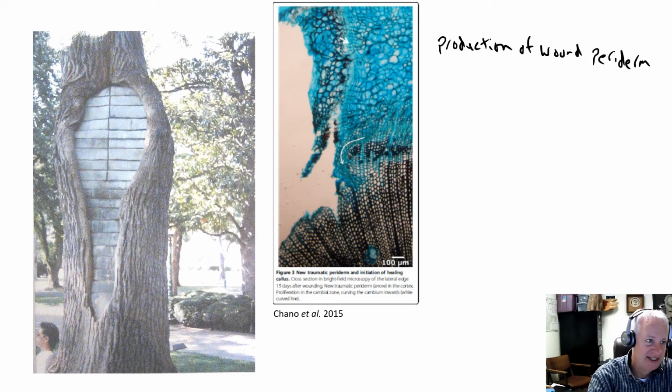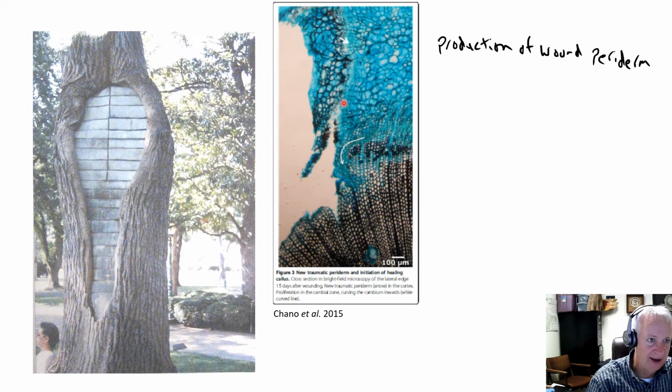So this is an example. This is one of my favorite wounded tree pictures, where the tree had a horrific wound and they put bricks in it. This is like old school arboriculture. They don't do this kind of thing anymore, but you can see around this wound what looks like bark along these edges, and that's wound periderm.